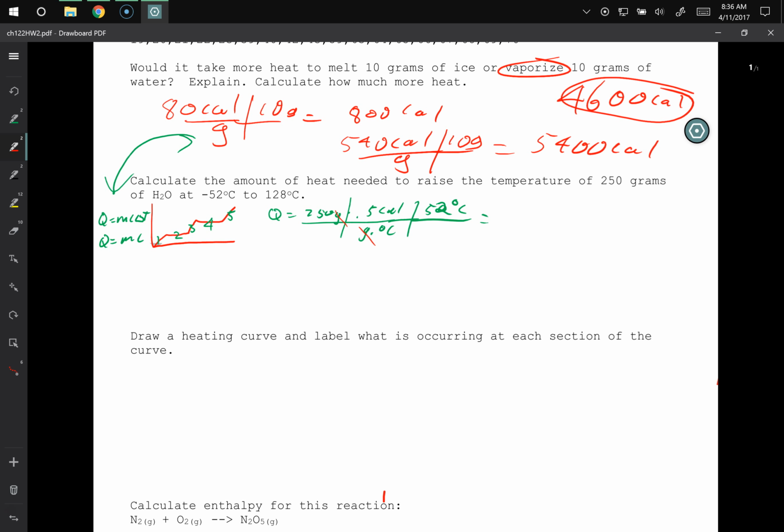That is the specific heat of ice. Specific heat of ice, yep. And then the 52 degrees? That's how many degrees you need to raise. I need to add 52, to make it 52 degrees hotter to get myself up to 0 degrees. Okay, so let's see what we got here.